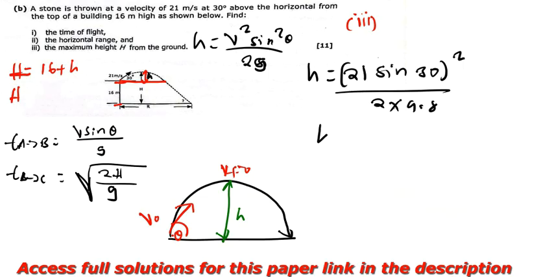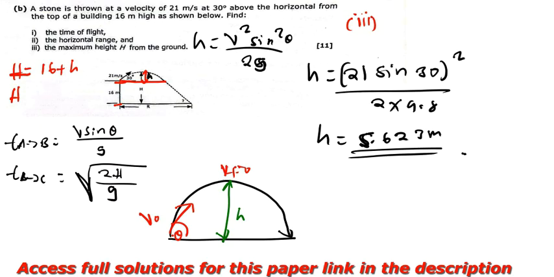So h will be equal to 21 sine 30, I square it, that is 110.25. I divide that by open brackets, 2 times 9.8, then close the brackets. So I'm getting 5.623 meters as my h.